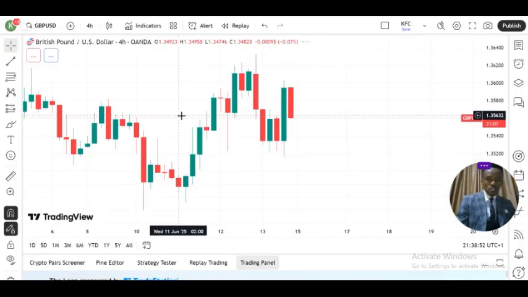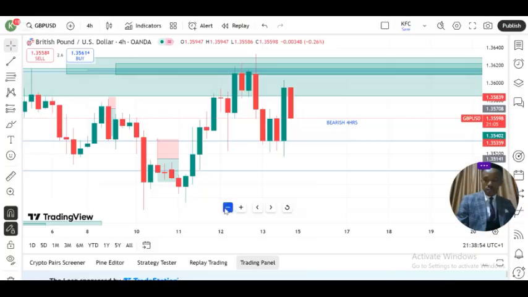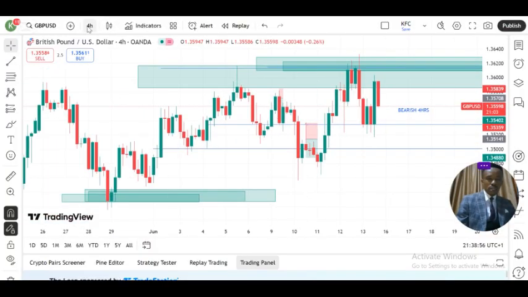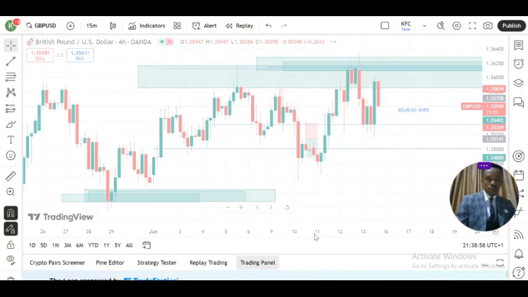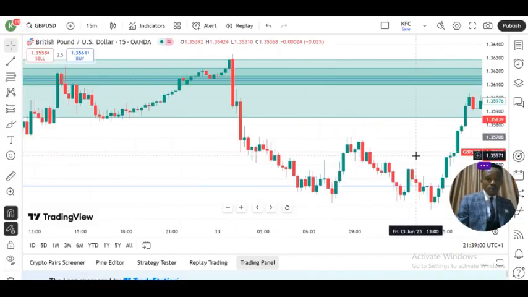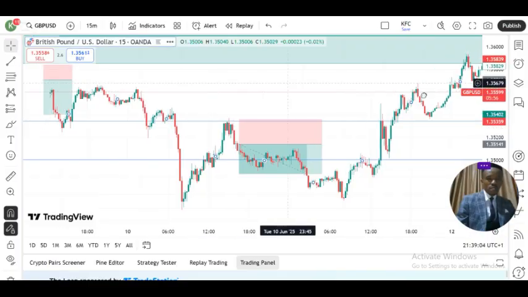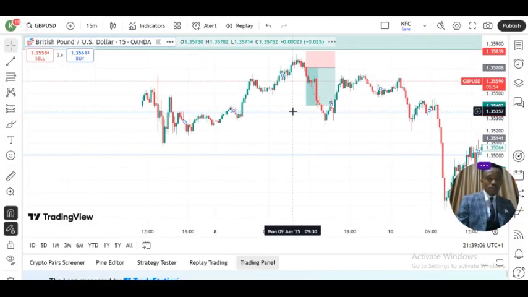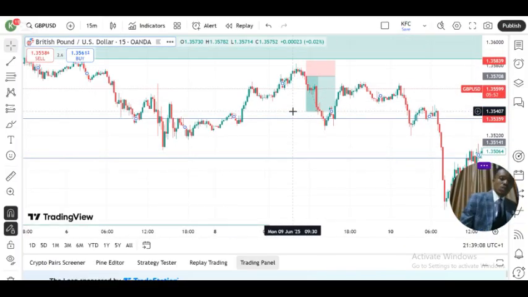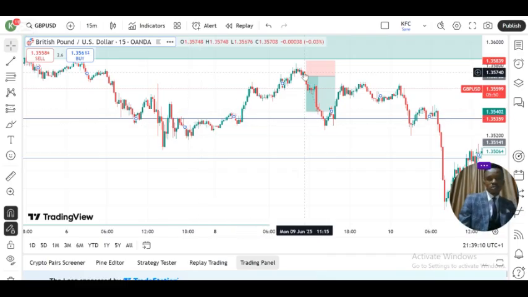If you go to the GU, we can easily see the entries we took on GU and how we took those entries. If you go backward on GU, you will see the first entry we took here. How did we get this? You think it is on a bullish move.